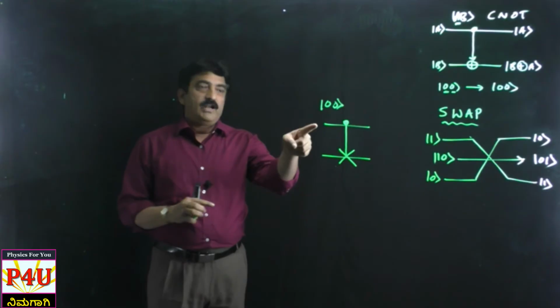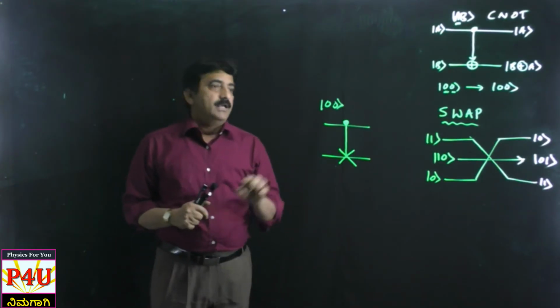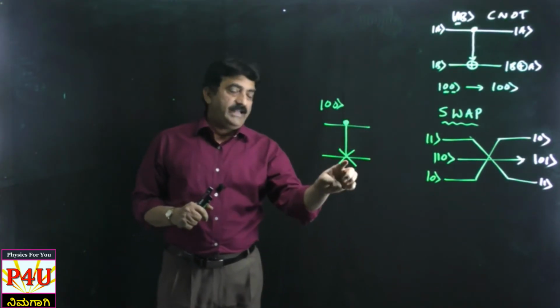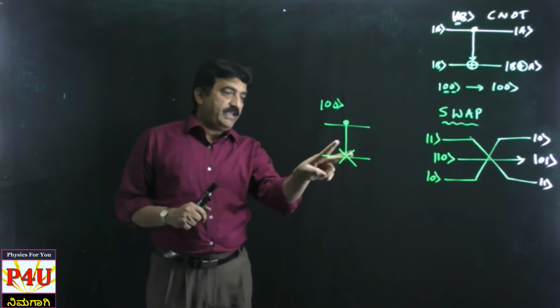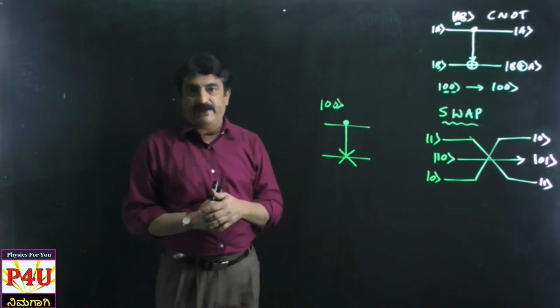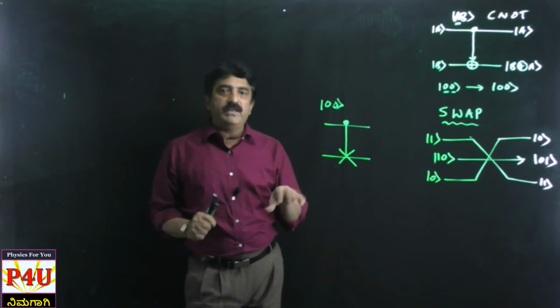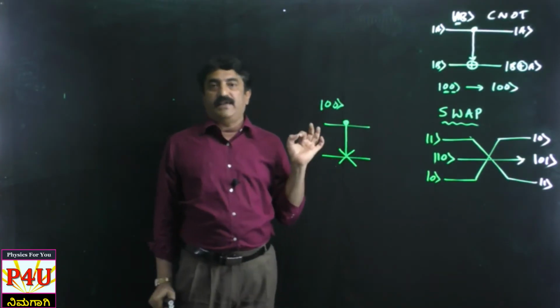Dear students, what is actually happening in the swap gate: the control qubit is acting on the target, producing the effect of the X Pauli gate. That means it is a combination of CNOT and X gate.